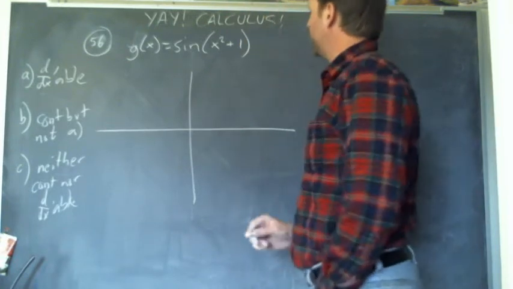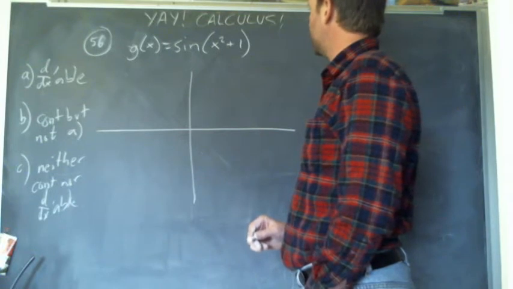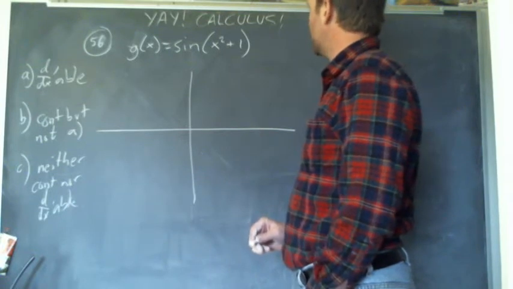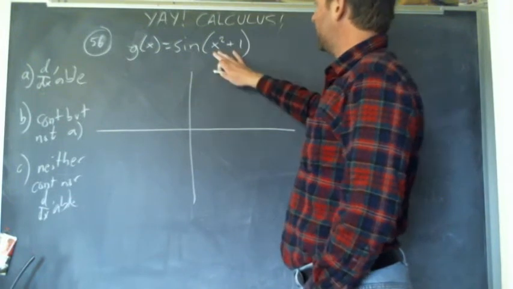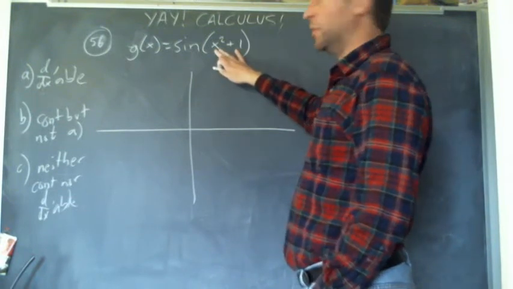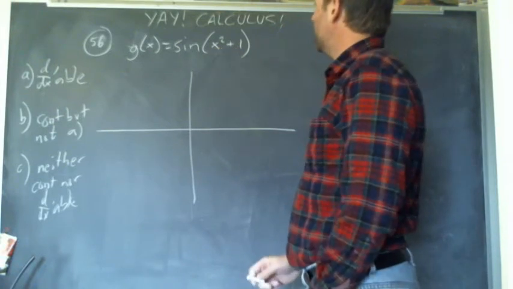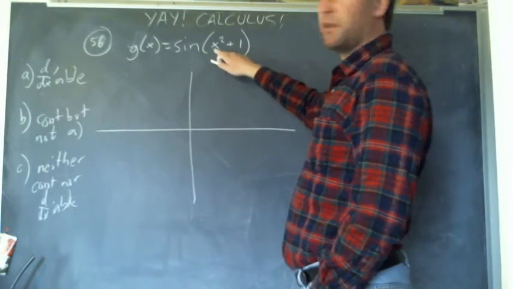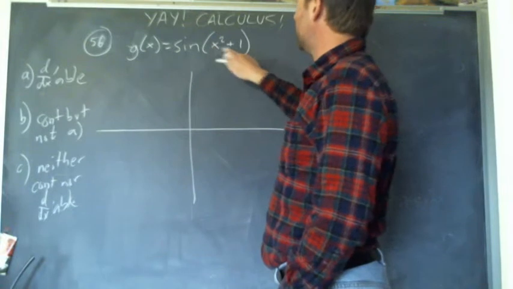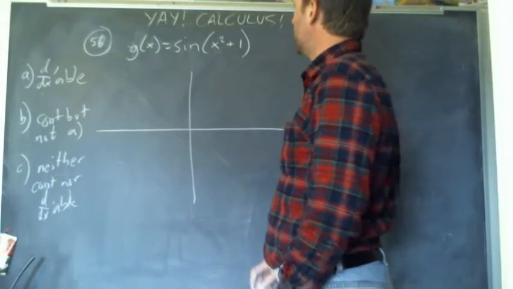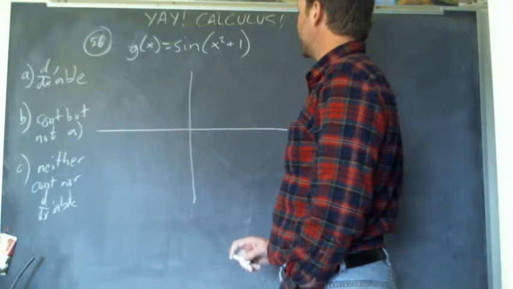I really wish I had brought one home. I don't have time to download one right now, so we'll just have to work this out. So x squared plus 1 is differentiable everywhere and continuous everywhere. The only change here is when x goes from positive to negative. And when x is 0, it's the sine of 1, sine of 1 radian.